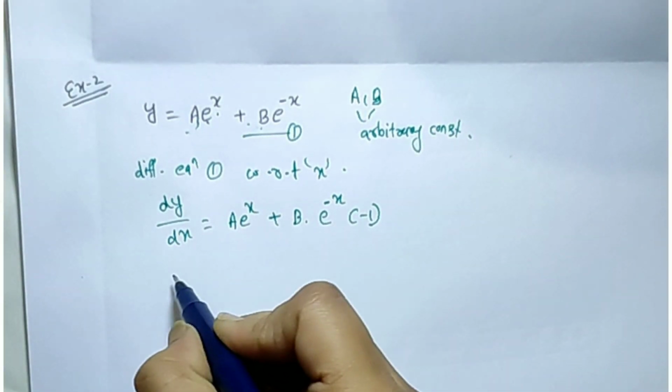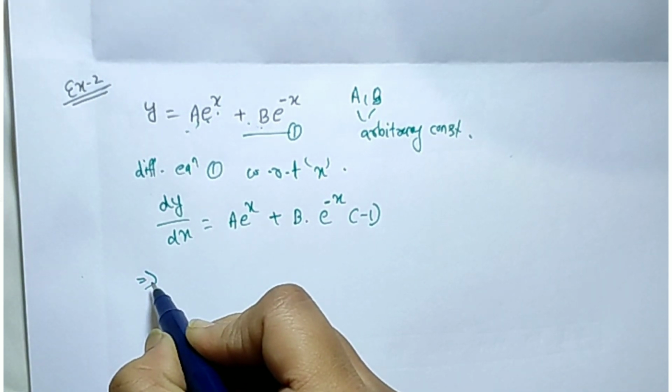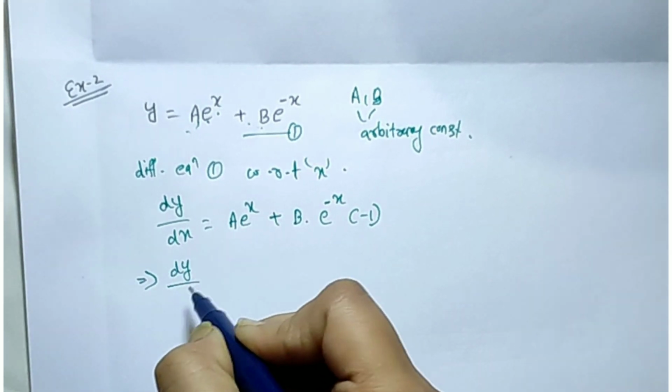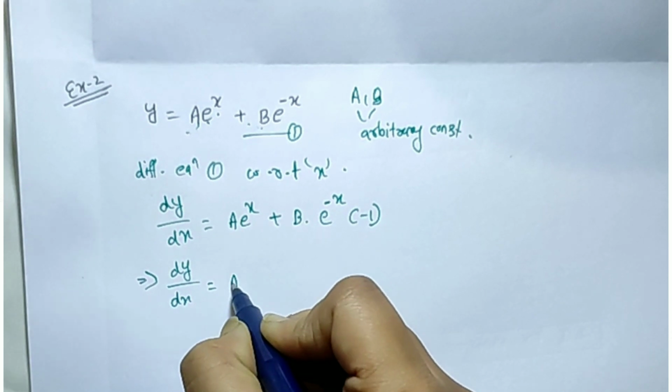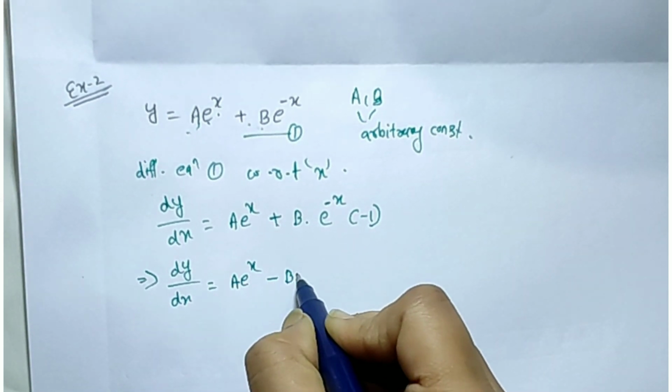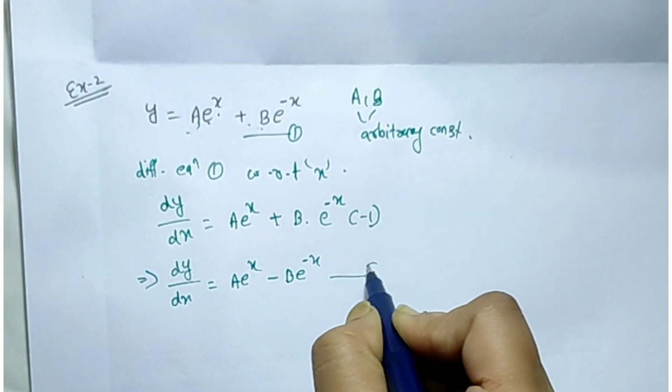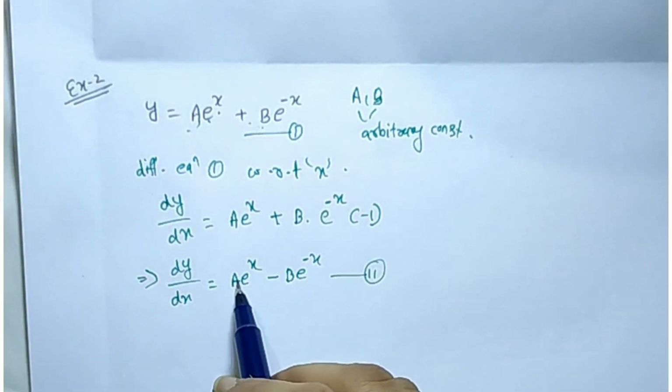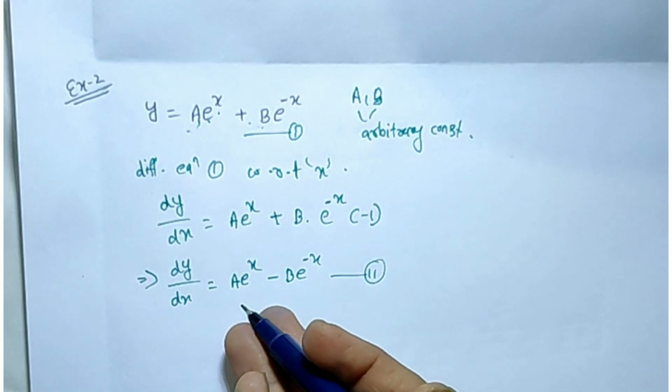Which implies dy by dx is equal to a e power x minus b e power minus x. This is equation 2.